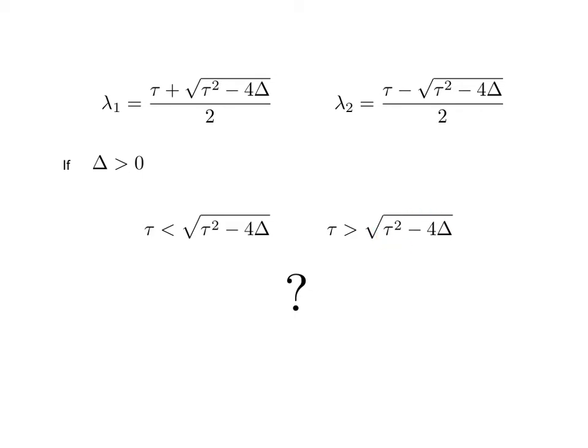Just think in terms of having minus tau squared larger than tau squared minus 4 delta. Then this term is smaller than this one. Therefore, this is the one that is true.